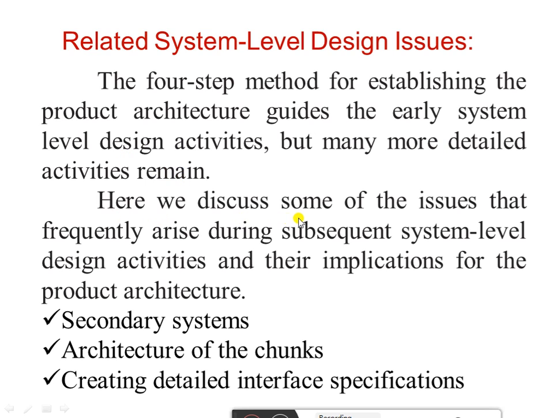Here we discuss some of the issues that frequently arise during subsequent system level design activities and their implications for the product architecture. We are going to discuss the secondary system and architecture of chunks, and the last one is creating detailed interface specification.